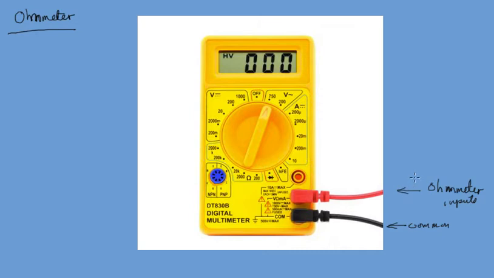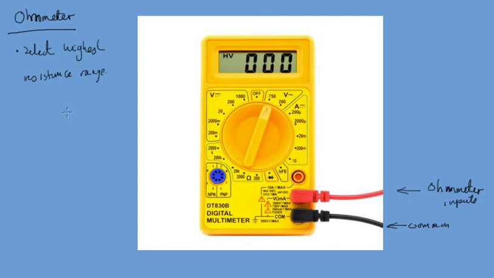Some multimeters will have a separate input for the ohm meter, so you'd connect to that ohm meter input, and then select highest resistance. So on here it is going to be 2000 kilo ohms. Again, if you know roughly what your resistance is going to be, don't do that.